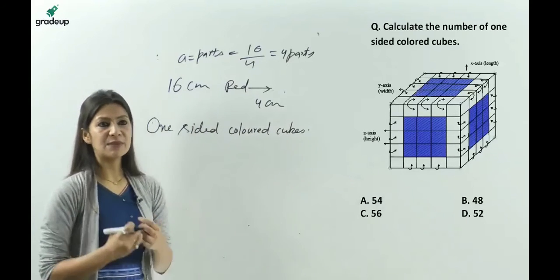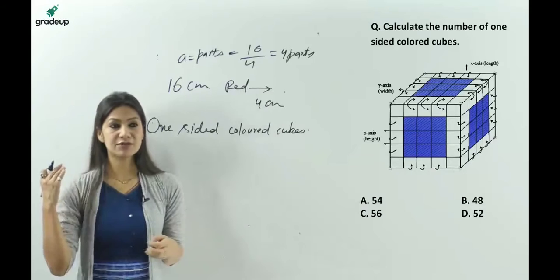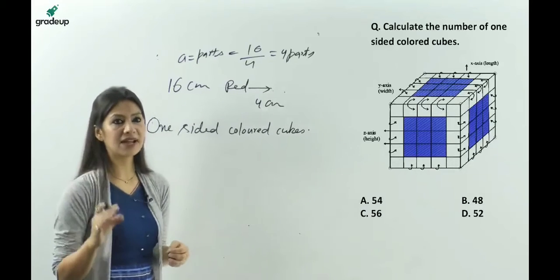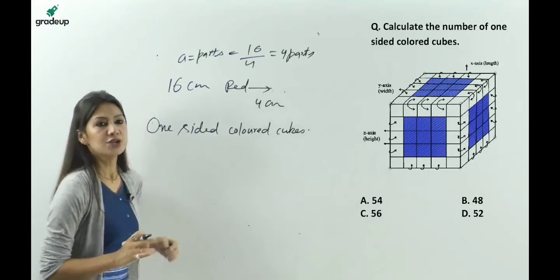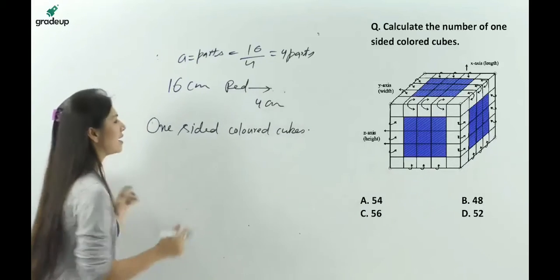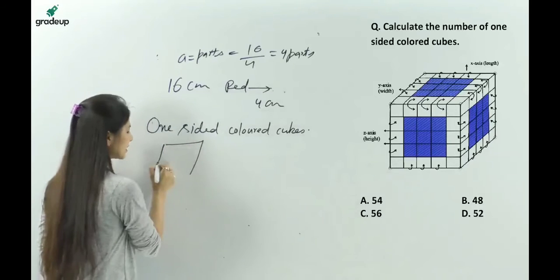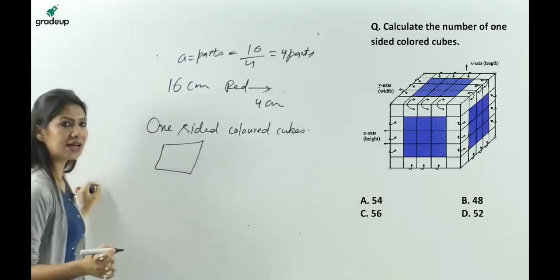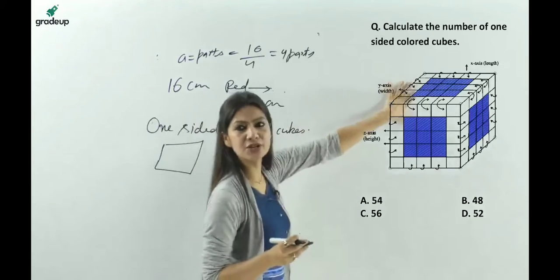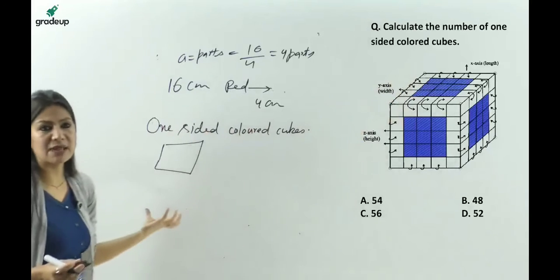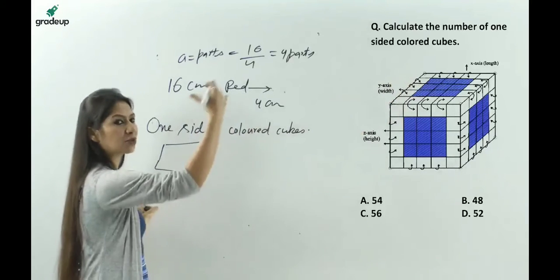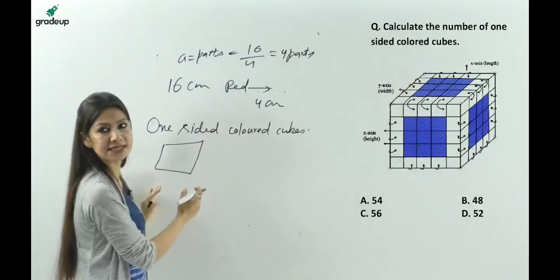Otherwise, people like me, if I am not having the formula memorized in my mind, cannot do it generally, right? So what I will do is, I will just think about one single surface, because I am having the idea. I will not think about this complete cube. Why would I? Because a single surface can make me understand. So what's the need of thinking about the complex thing if it can be easy, right?